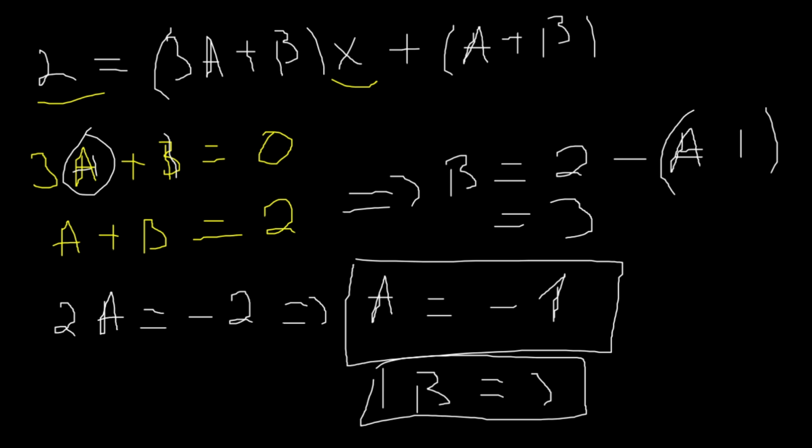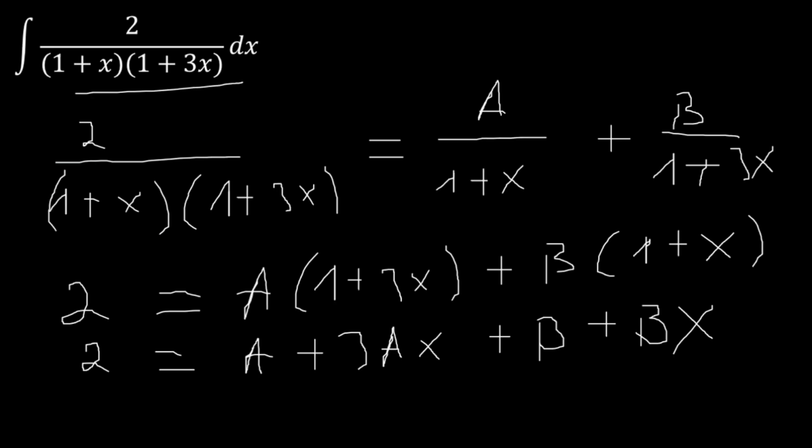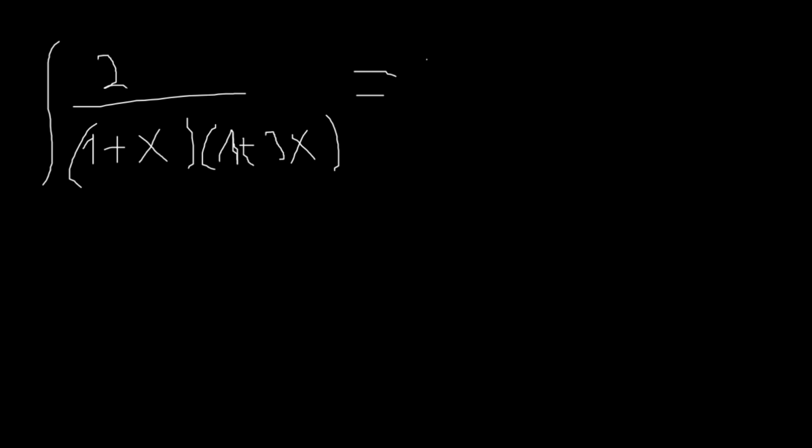Hence, we come back and substitute all in our initial equation. Therefore, you have the integral of 2 all over 1 plus x, 1 plus 3x, is equal to, we can just start with b, that is 3 all over 1 plus 3x minus 1 all over 1 plus x.